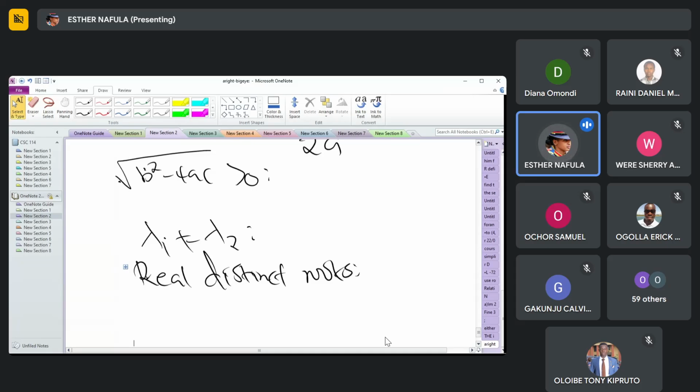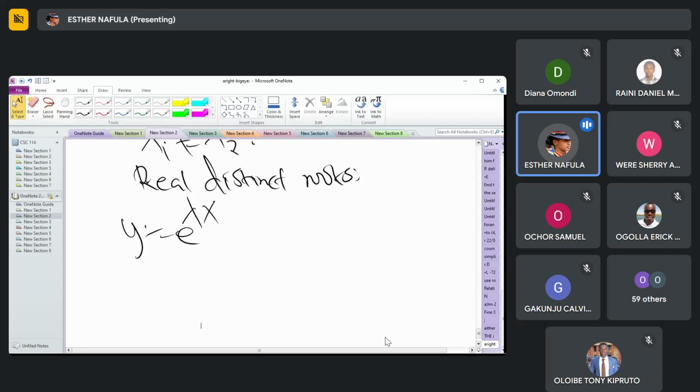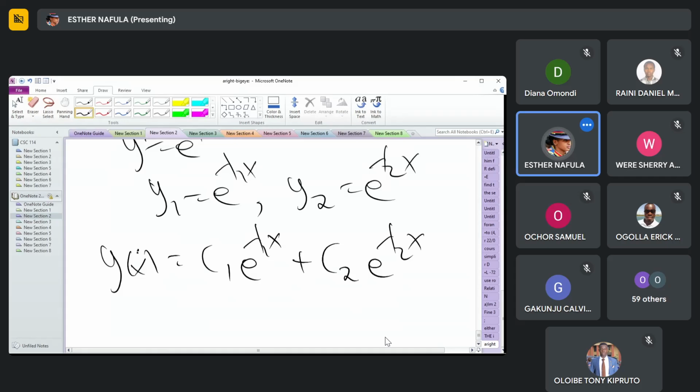Remember, we started by assuming a solution y is e to the lambda x. If lambda 1 and lambda 2 are different, then y1 is e to the lambda 1 x, y2 is e to the lambda 2 x. The general solution is the combination of these two: y is c1 e to the lambda 1 x plus c2 e to the lambda 2 x.